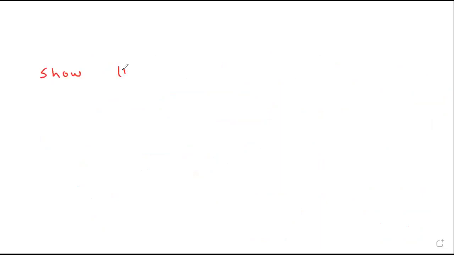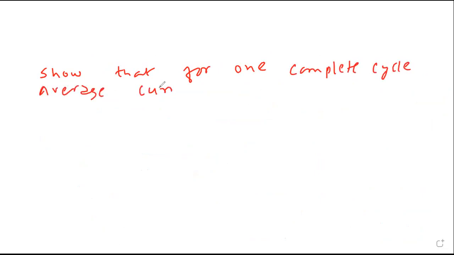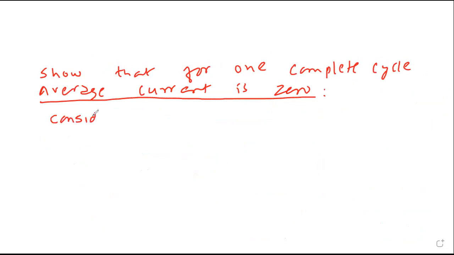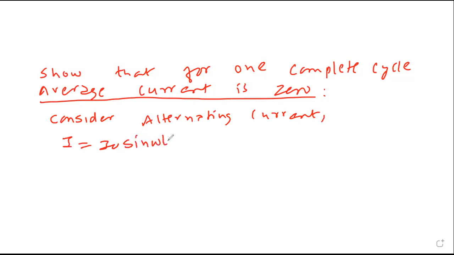Show that for one complete cycle, average current is 0. Consider alternating current I equals to I0 sine omega t.